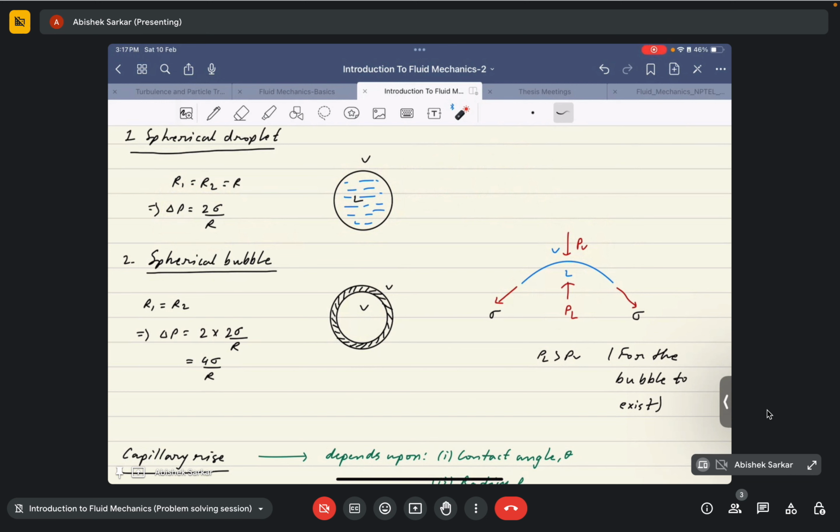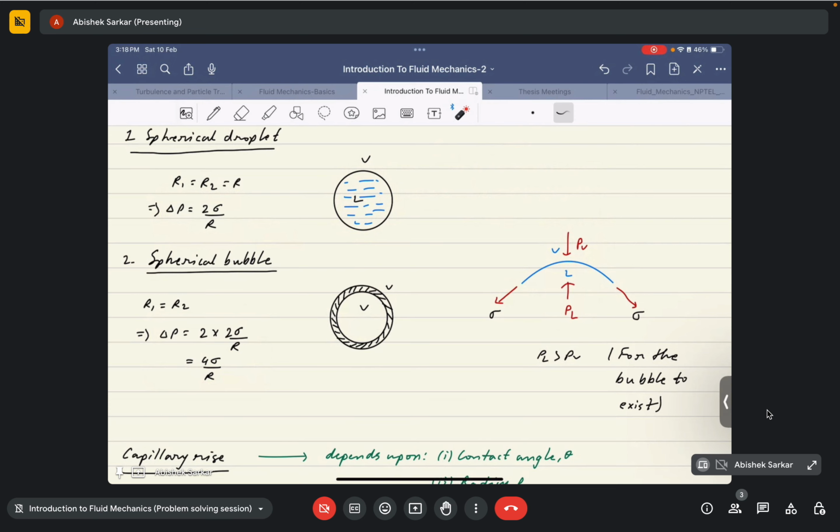Because it has to overcome the atmospheric pressure as well as the surface tension effects. Is it clear? Yes, sir. Okay, so these are the expressions that were derived by Professor Chakraborty. I will not derive them again for the sake of saving time. And there is also an expression for a liquid jet, if I'm not wrong. For a liquid jet, delta P is equal to sigma by R. Okay, that's the expression.